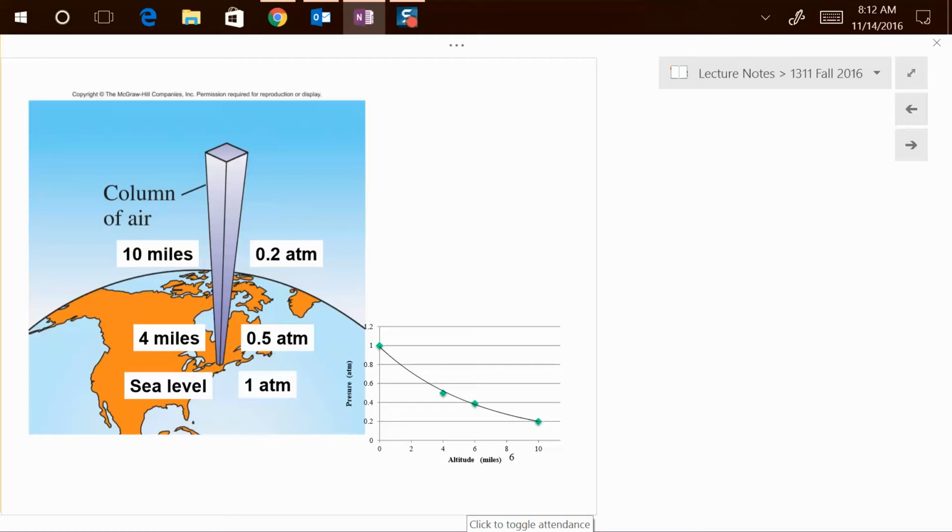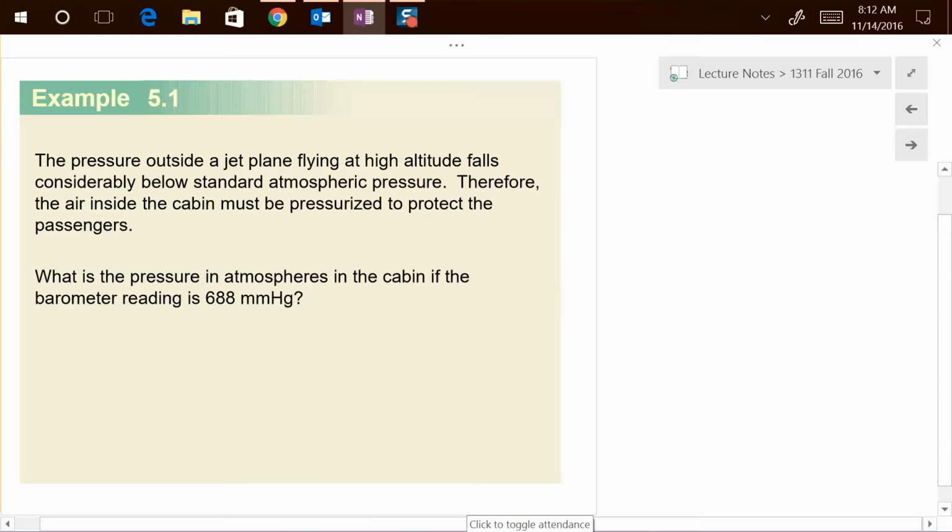So they have to increase the pressure inside the airplane as they move up so that we can feel okay. Or as you walk up in the mountains, that pressure decreases as well. The pressure outside an airplane at high altitudes falls considerably below standard atmosphere. Therefore, the air inside the cabin must be pressurized.